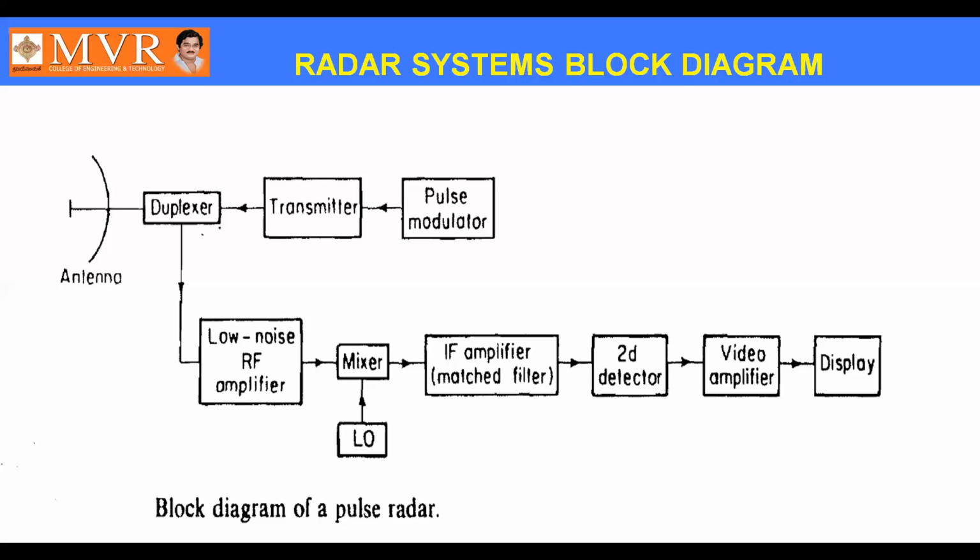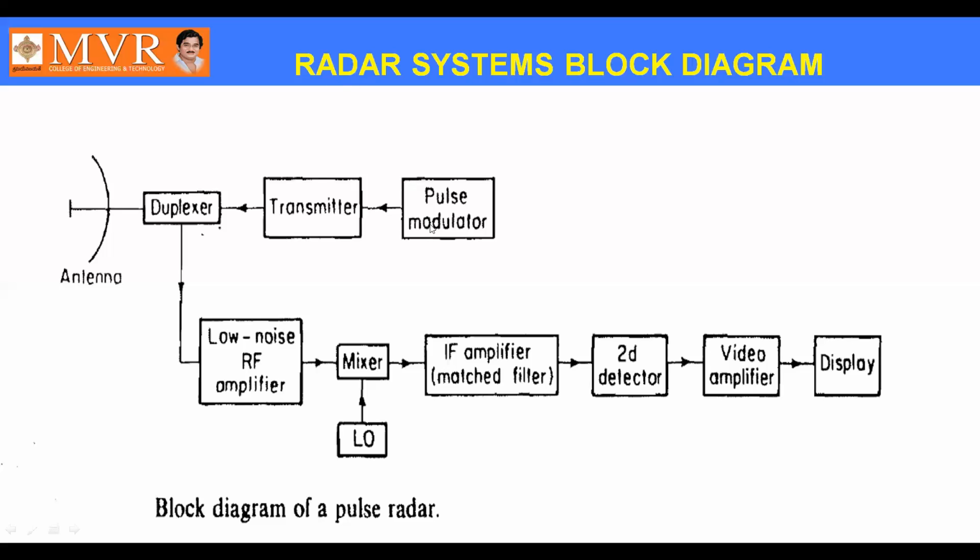If the transmitter power went to the receiver in such a huge amount, the receiver may be damaged. That is the reason the duplexer is placed between the transmitter and the receiver. Its main purpose is to protect the receiver from the transmitter signal.